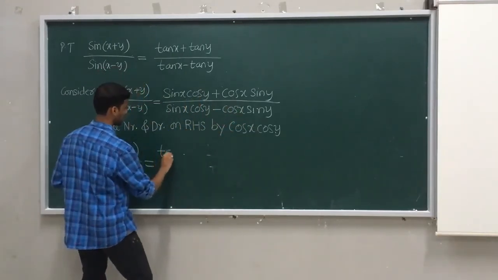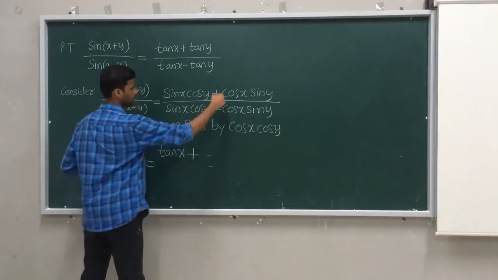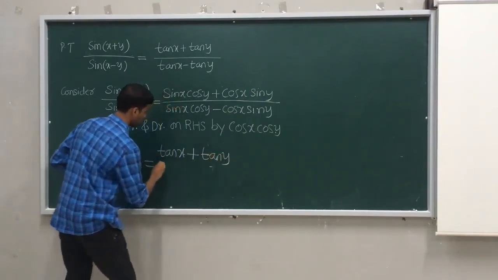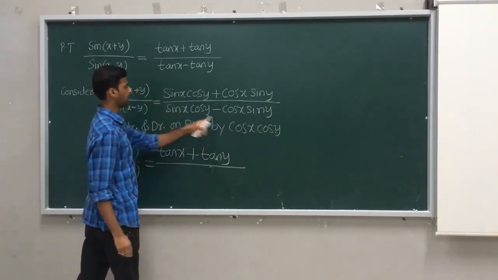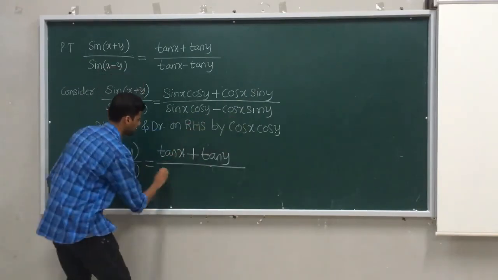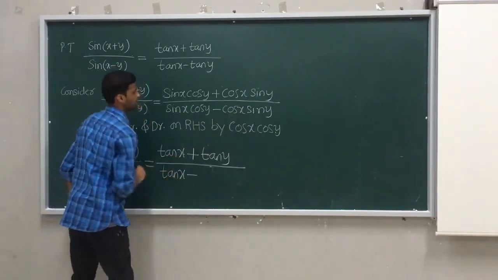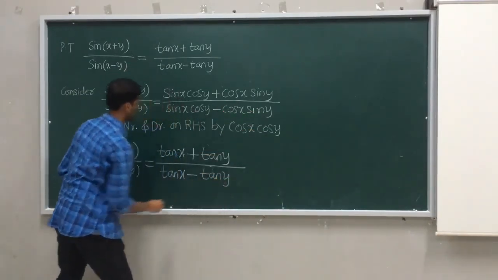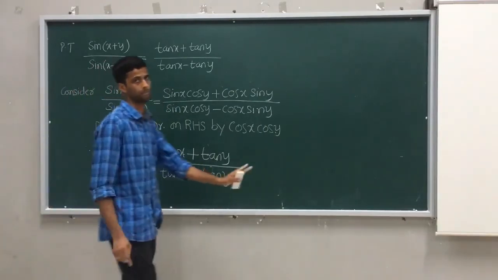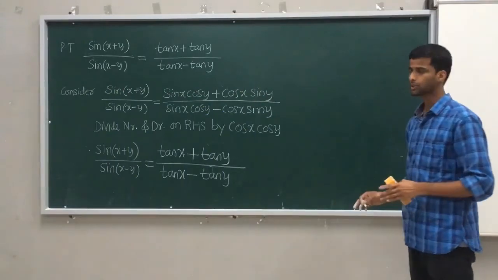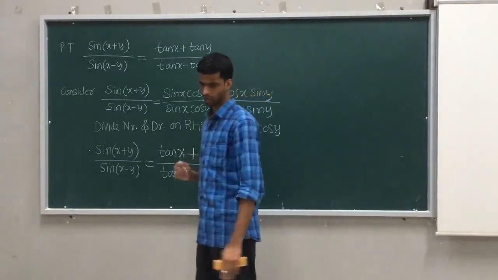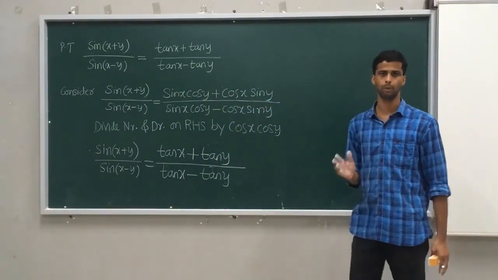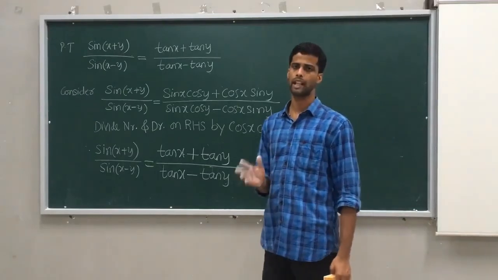So this becomes tan x plus, cos x by cos x cancels, sin y by cos y is tan y, divided by sin x by cos x is tan x, cos y cancels, cos x by cos x cancels, sin y by cos y is tan y. So I guess that's what we expected. Yes, we got the same as expected. The plus point is that if you know the formulas, you can easily manage any kind of problem in trigonometry. That I want to tell you through this.